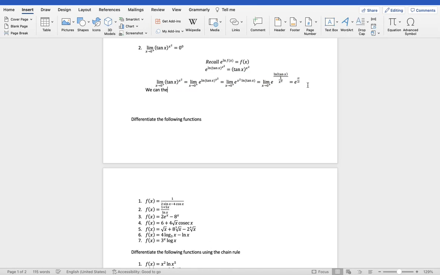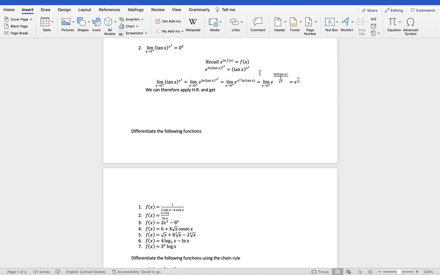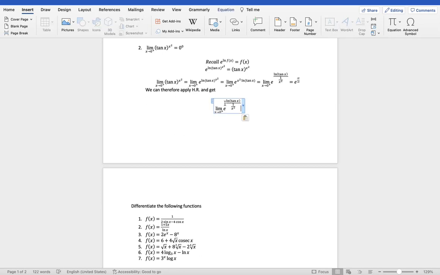We can therefore apply L'Hopital's rule, right? What do we get? You can already start to look for the derivative of ln of 10x and tell me what you find. Well, I'm rewriting this expression.